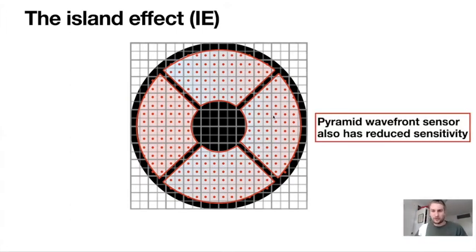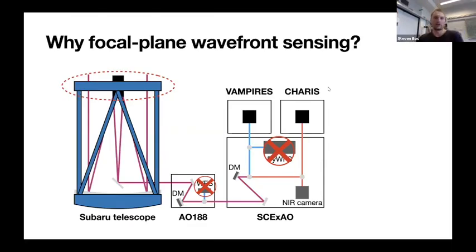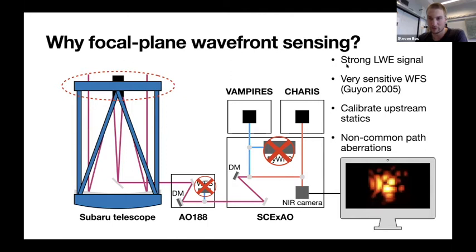I will not go into detail, but the pyramid wavefront sensor also has reduced sensitivity to these kinds of aberrations. So why is focal plane wavefront sensing then a good idea to measure the low wind effect or the island effect? First of all, it has a very strong low wind effect signal because your PSF gets heavily distorted.